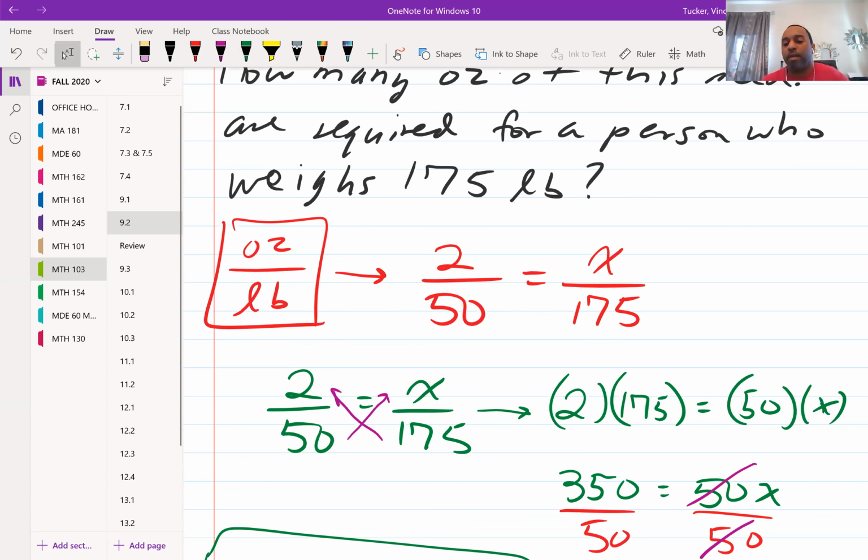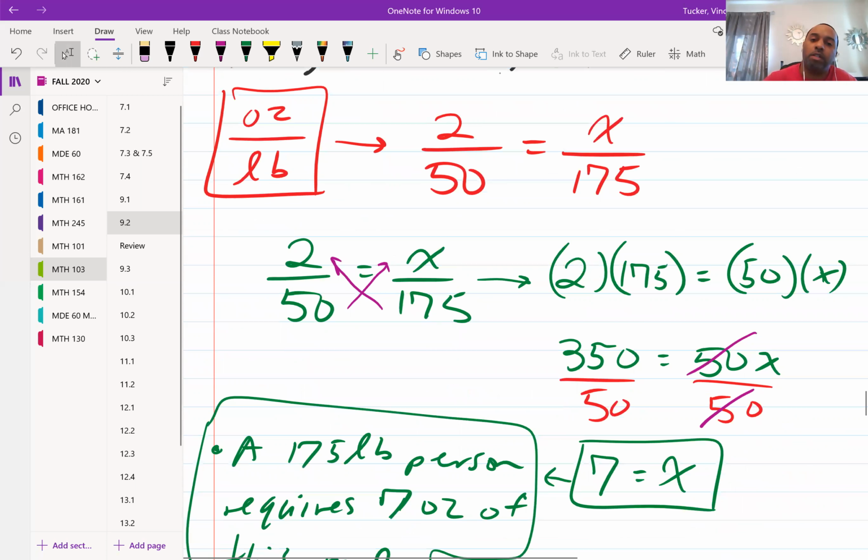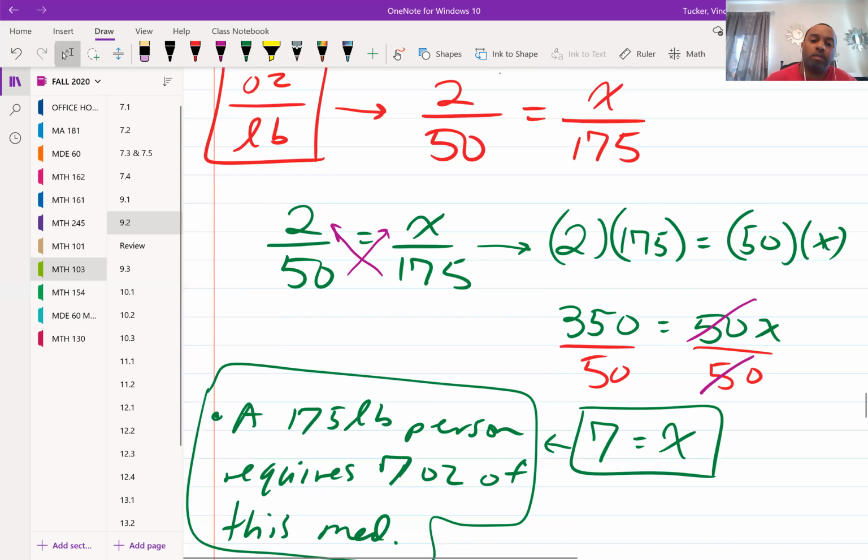Divide both sides by 50, and x is equal to 7. So a 175-pound person requires 7 ounces of this medication.